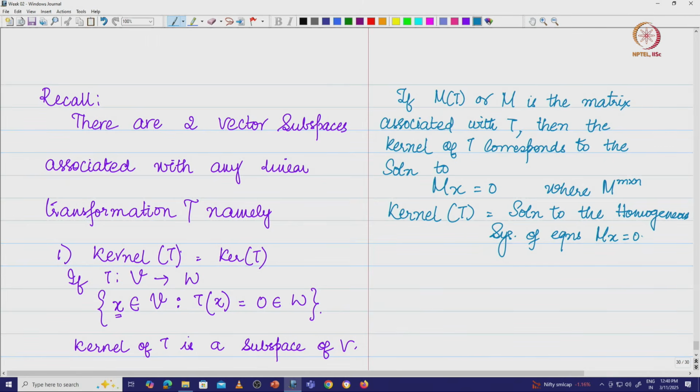That means we are looking for x in Rn such that Mx is equal to 0, but the 0 vector basically is an m component vector. We are looking at the set of solutions x in Rn such that Mx is equal to the 0 vector in Rm. So what is the vector space V here? The vector space V is basically Rn, and the vector space W is basically Rm. That is what we have.